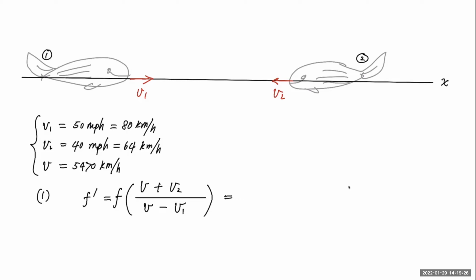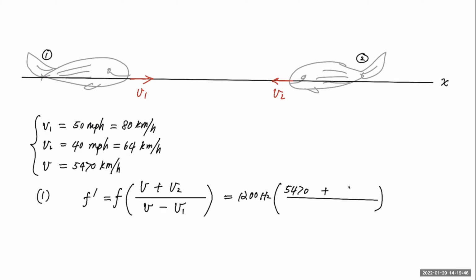So you have 1200 hertz, and you just plug in the numbers here: speed of the sound in the water, 5,470. Everything is in kilometers per hour, so I don't have to write the units anymore.